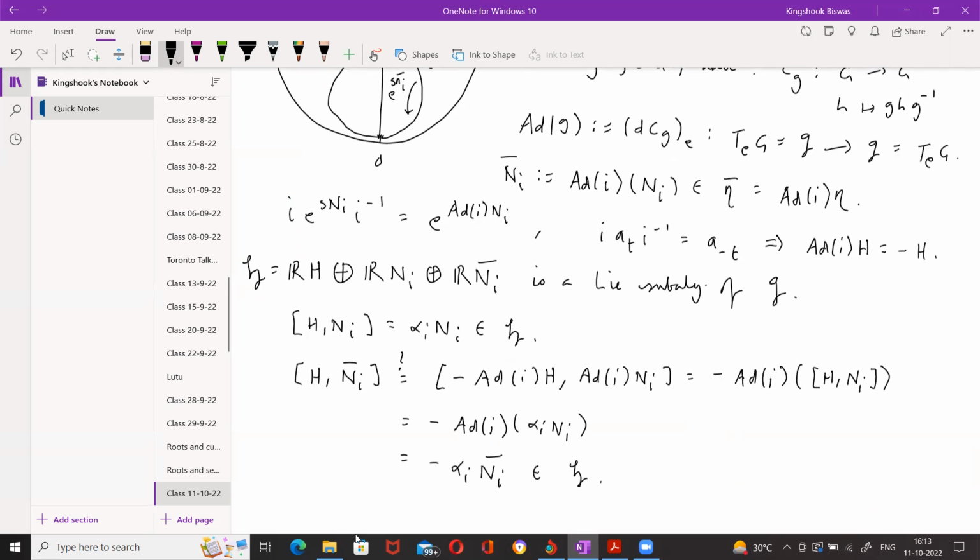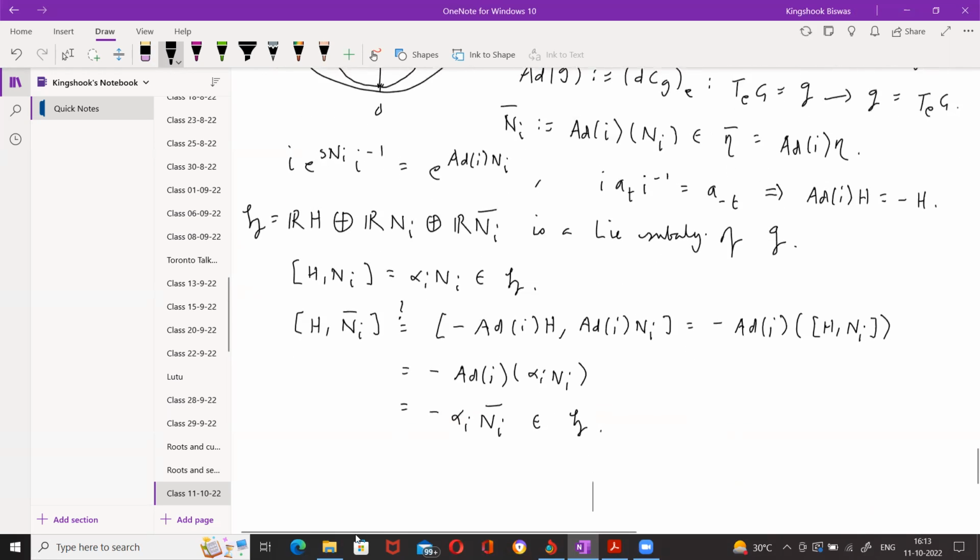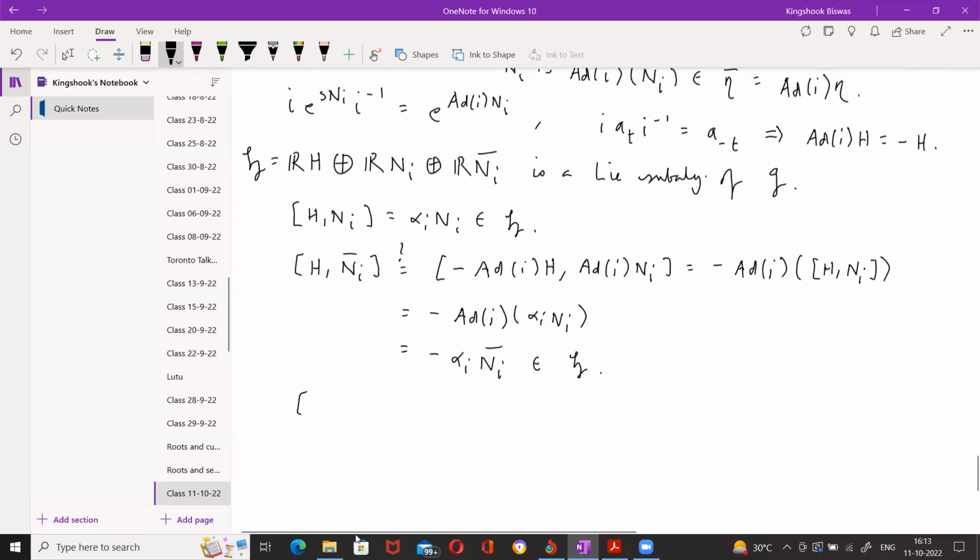Now the last thing I have to check is the bracket of N_i and N_i bar. Let me apply Ad I to this. Since it's a Lie algebra homomorphism, I can take the Ad I inside.